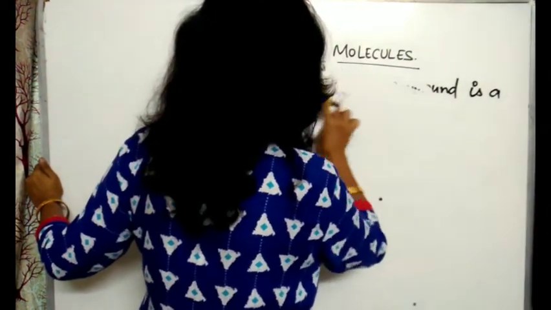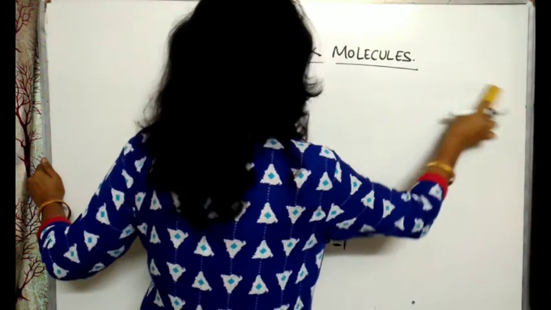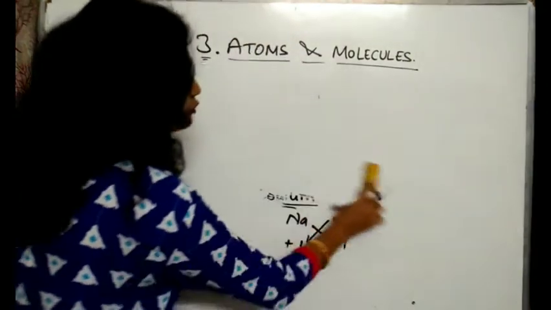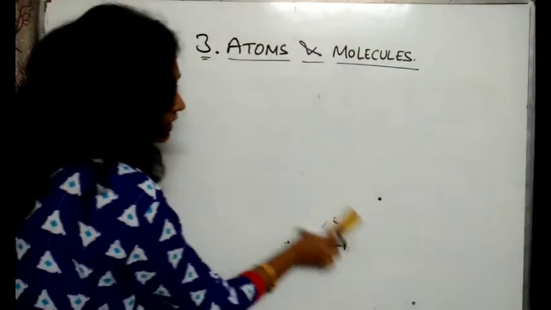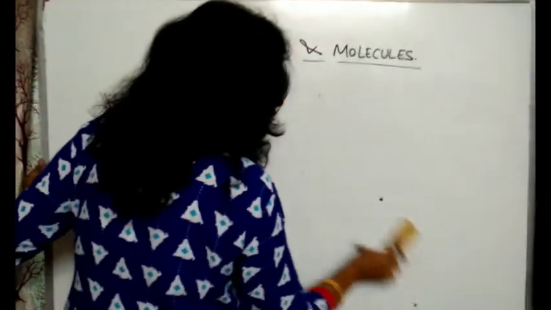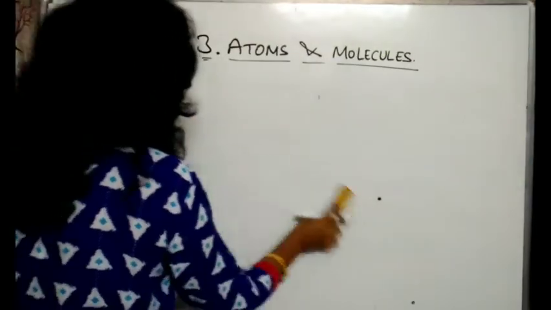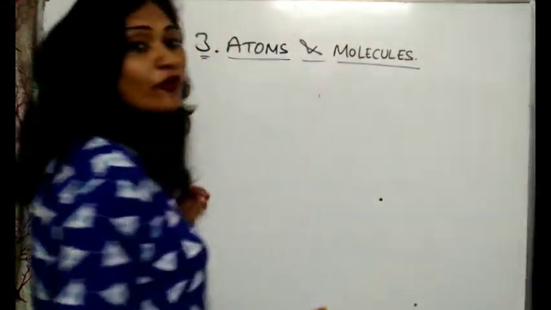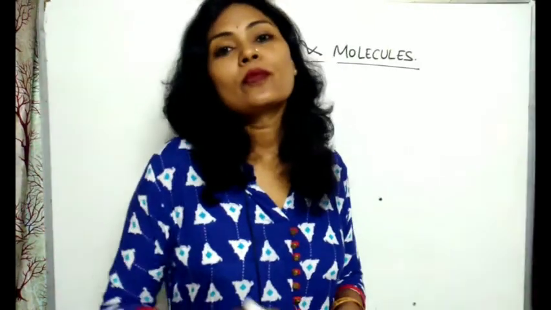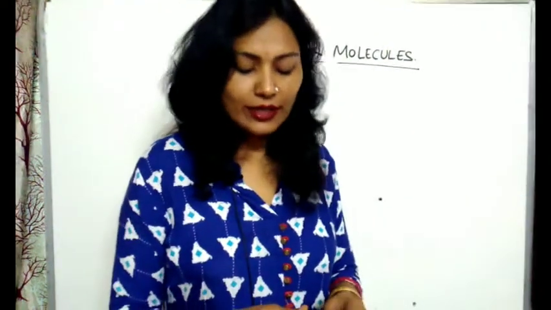The formula of ammonia is NH3. Some formulas you have to learn also, like methane. Methane is CH4. And some compounds have a common name as well as a chemical name. Okay. So let us start.